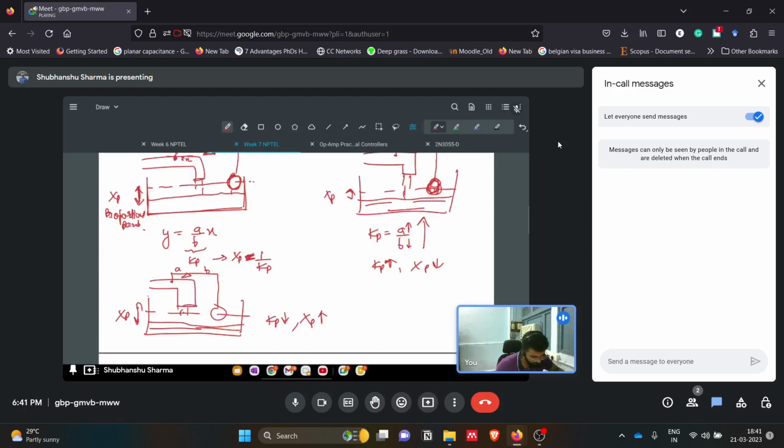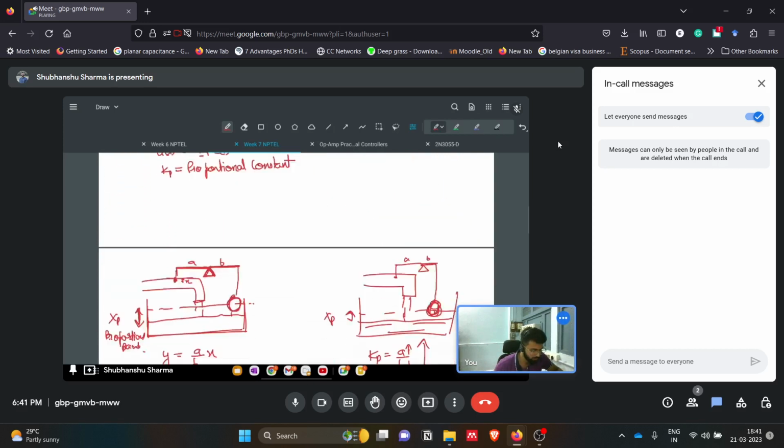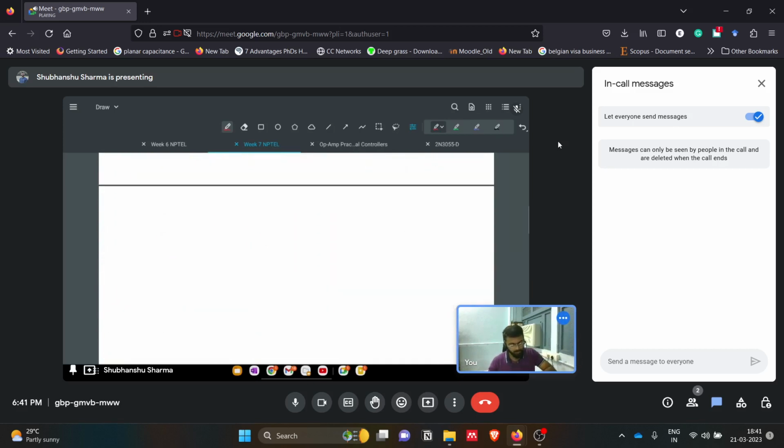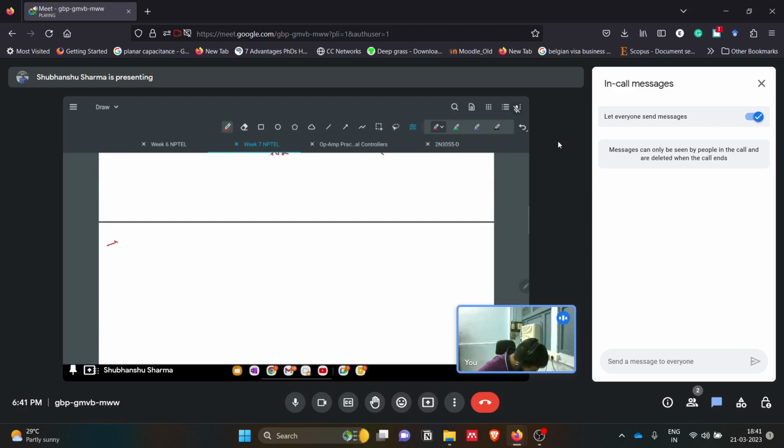Then after realizing this proportional controller, we saw another controller, that was the proportional integral controller. So this is basically the output of this.